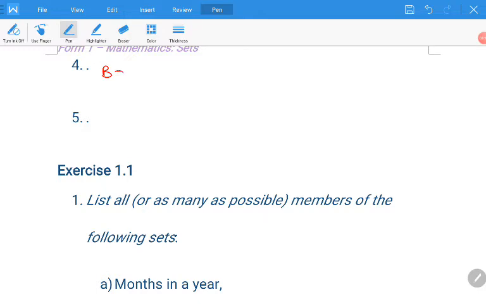So B is equal to, we have HP, we have Lenovo, we have Acer, we have Samsung, and there is Dell. This list is not exhaustive, but these are the brands that I can think of at the moment, and they make up a set.